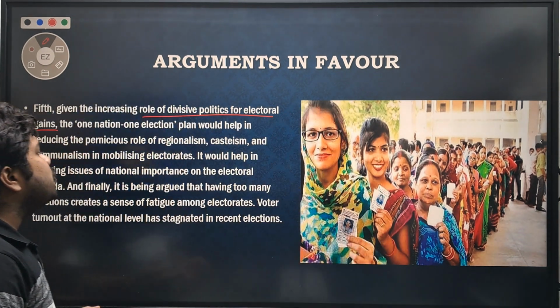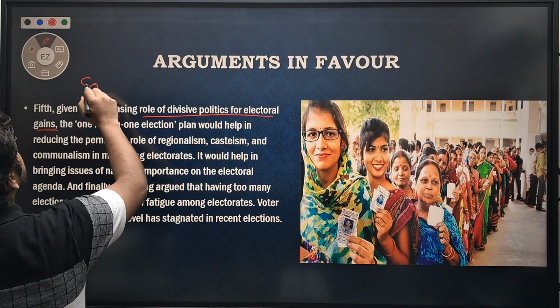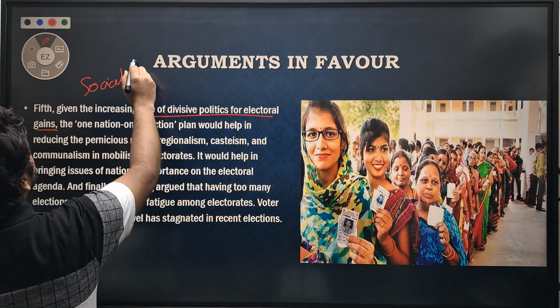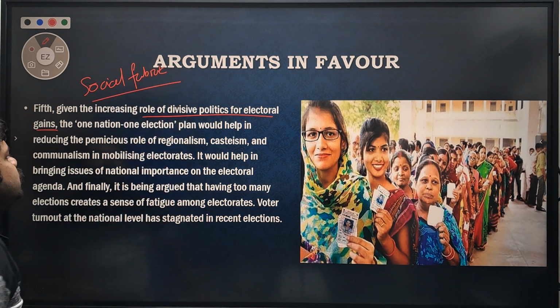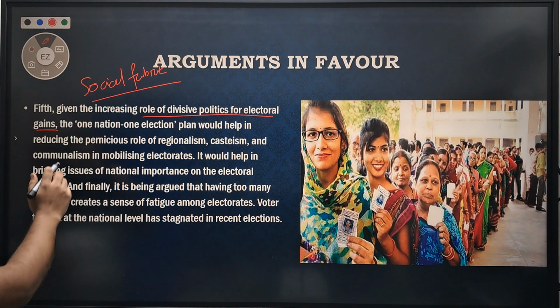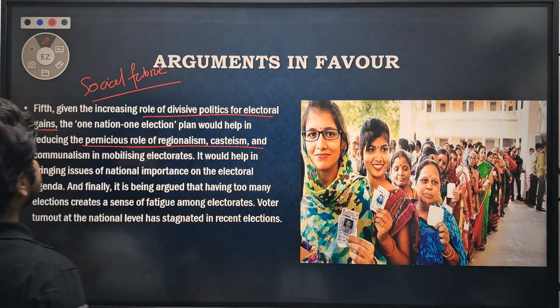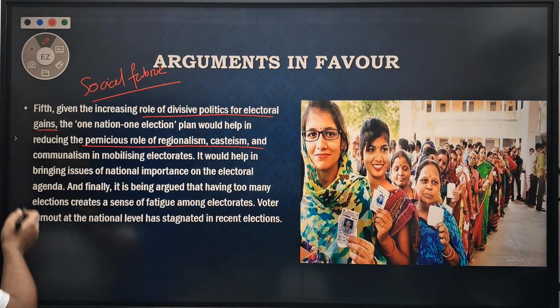So this basically impacts the social fabric of the electoral region. So the one nation, one election plan would help in reducing the pernicious role of regionalism, casteism and communalism in mobilizing electorates. It would help in bringing issues of national importance onto the electoral agenda.